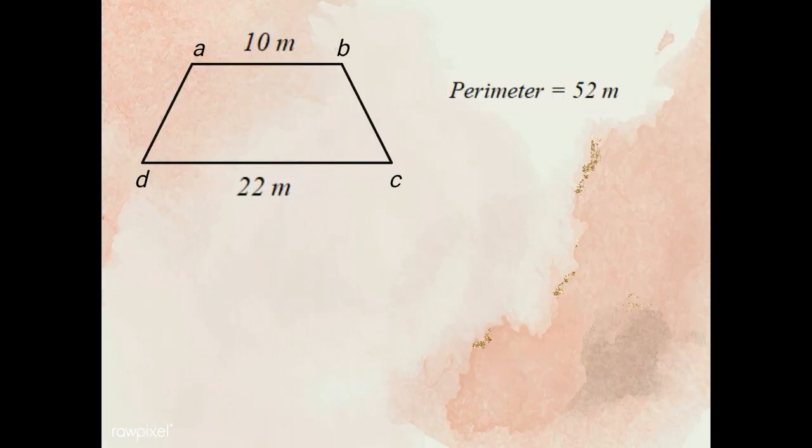First, we know that perimeter of trapezium is total length around a closed trapezium. So, the perimeter of this trapezium is equal to AB plus BC plus CD plus DA. But in this case, the trapezium is isosceles trapezium, which means the length of BC is equal to the length of AD.